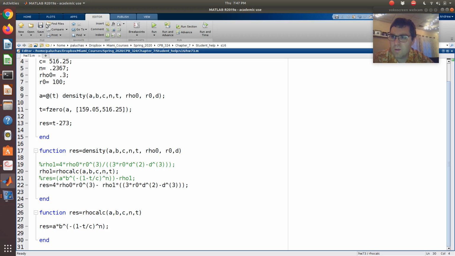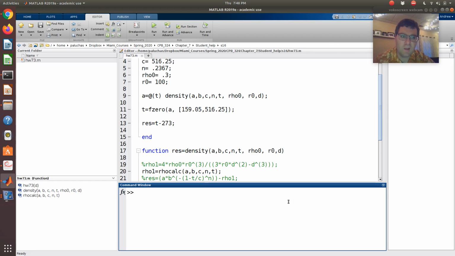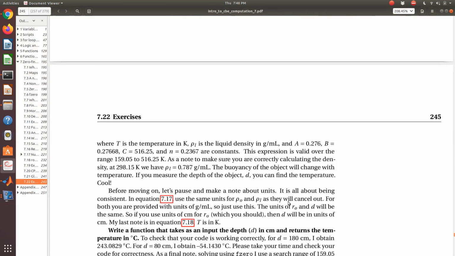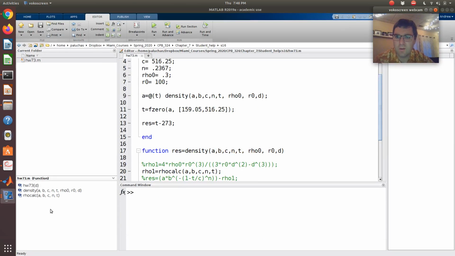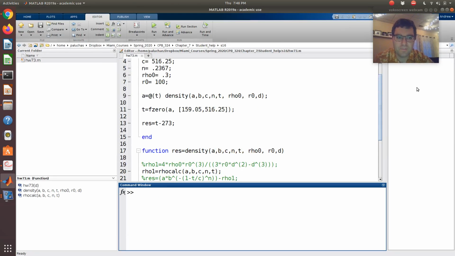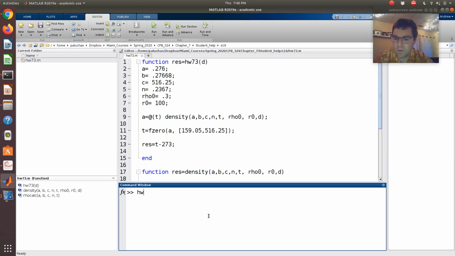Let's minimize this. Then I give some example cases at the end of the problem statement. For 180 centimeters, you should get 243.0829. So let's try this. Let's try homework 7.3, and then we can check units and everything in a moment.